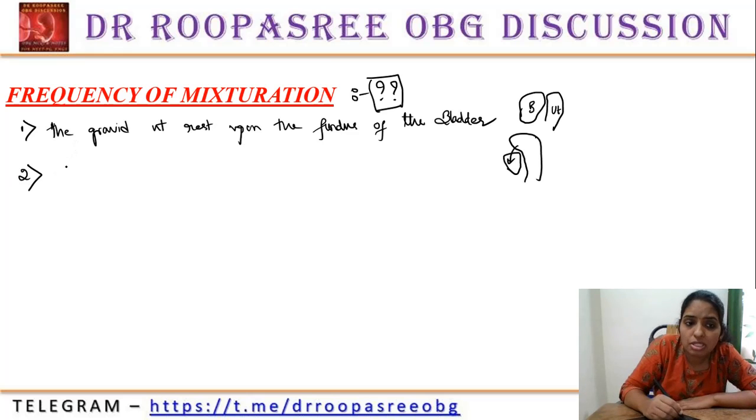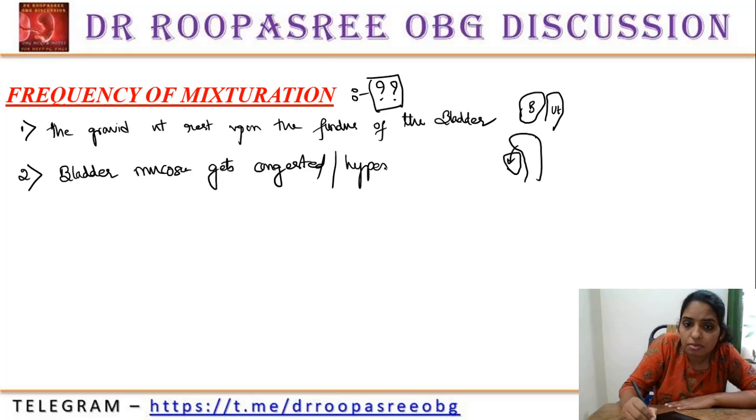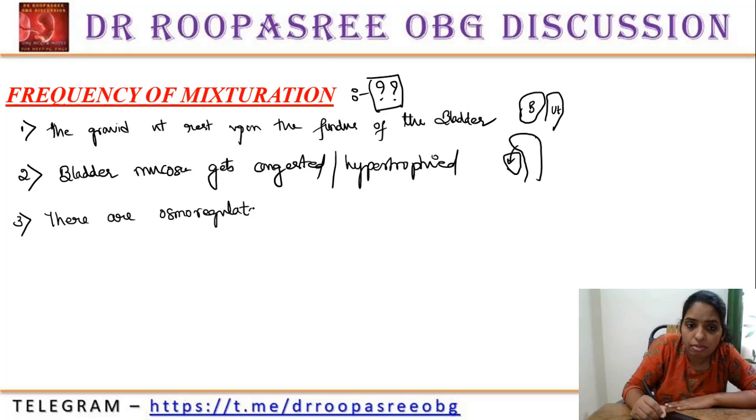Next, the bladder mucosa gets congested because of the increased vascularity and all, so it gets congested and hypertrophied. Third, in pregnancy there are osmoregulatory changes leading to polyuria and thirst.